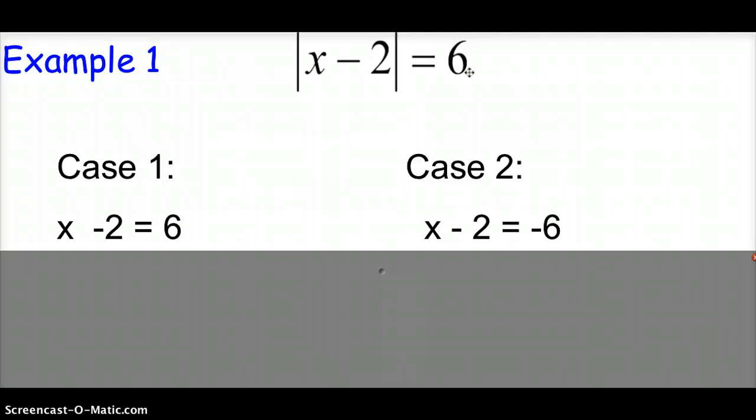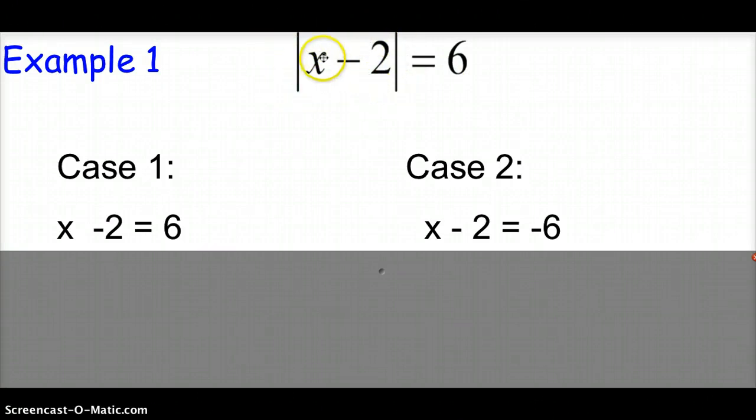And there's a way I can prove to you that this will work. Basically, when we take the absolute value of something, think of it this way. Everything inside of here has two possible options.